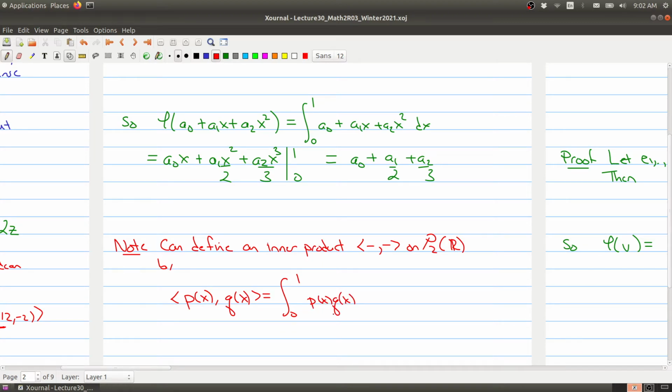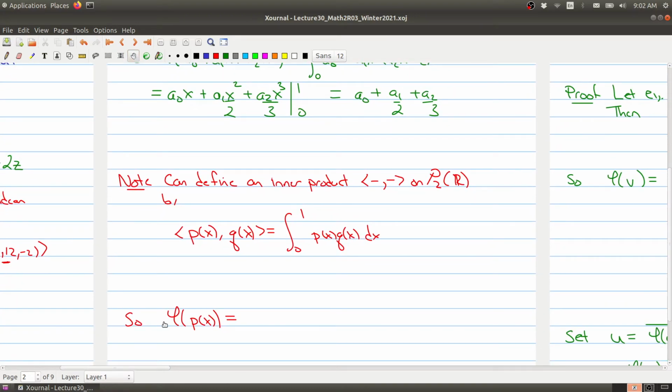If you stare at this for a second, our function, which takes our polynomial p(x) and integrates it from 0 to 1, is the same thing as taking the polynomial p(x) and using this inner product where q is 1, because it's the same thing as the integral from 0 to 1 of p(x) times 1 dx.